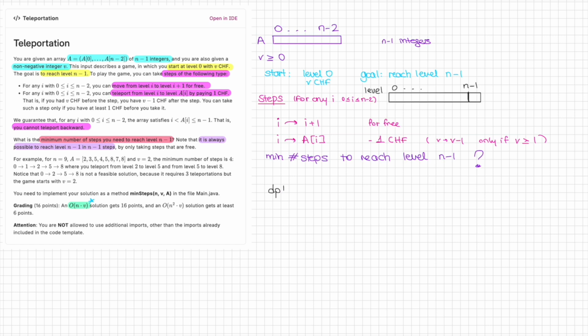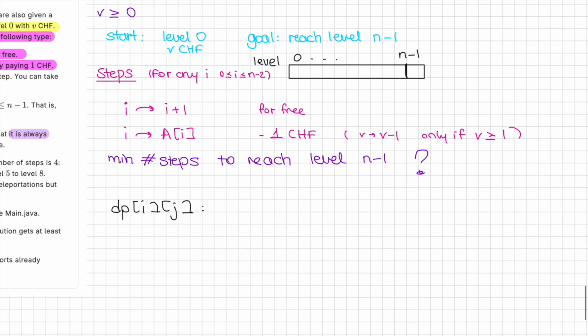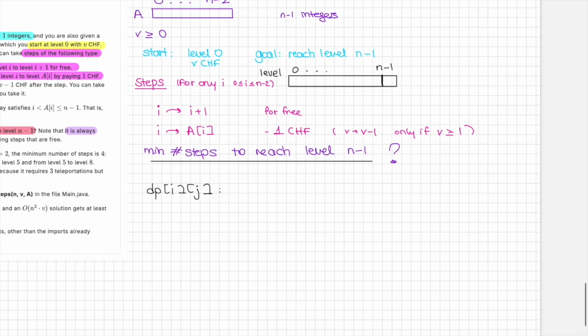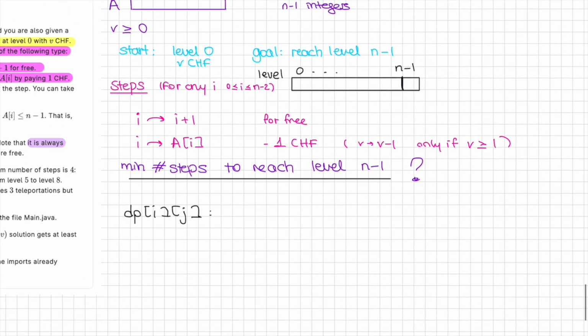Let's try to define a thing for dp of i, j. If we're trying to find the minimum number of steps to reach level n minus 1, we can define our dp[i][j] like the following.